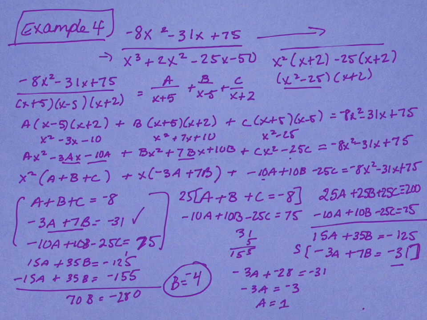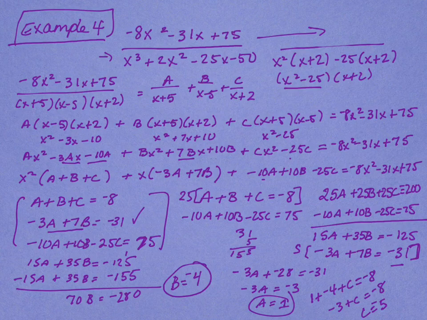That's what I got for that. And lastly, we had A plus B plus C is -8. So 1 plus -4 plus C is -8. So -3 plus C equals -8. C equals negative 5.